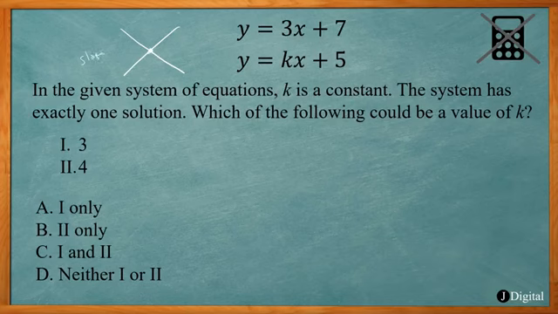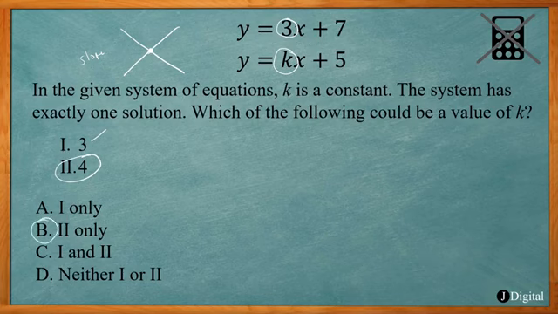You see in the first equation the slope is 3, so k needs to be a different slope, so it can't be 3, so 4 would work out. So answer choice B, option 2 only, which is a value of 4 for k. So 4 would be the slope in that equation.